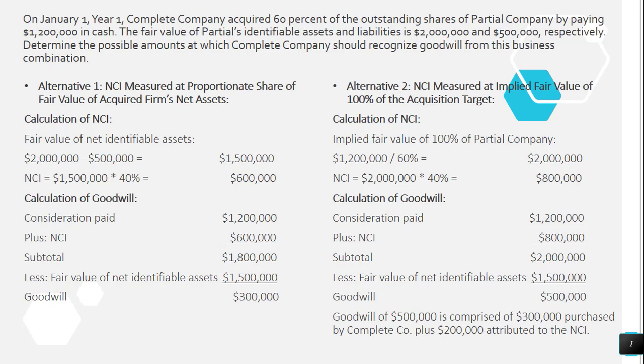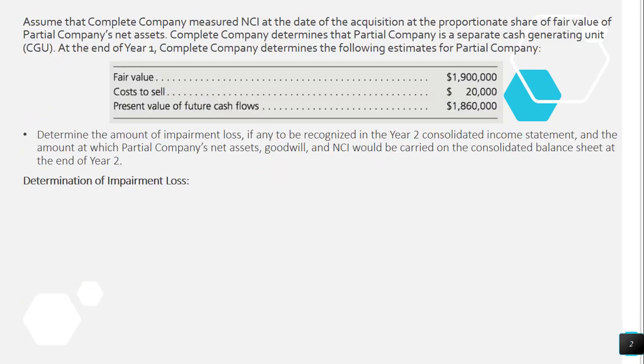So this goodwill of $500,000 is comprised of the $300,000 purchased by Complete Company plus the $200,000 attributed to the non-controlling interest. Let's assume that Complete Company measured the non-controlling interest at the date of the acquisition using alternative 1, namely the proportionate share of fair value of Partial Company's net assets.